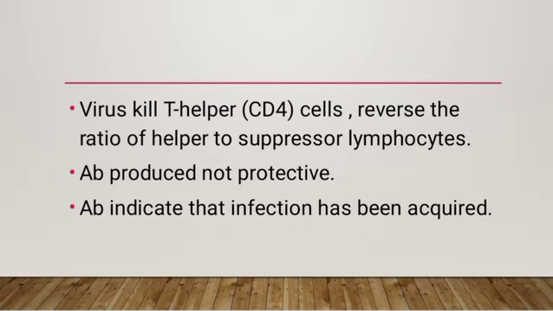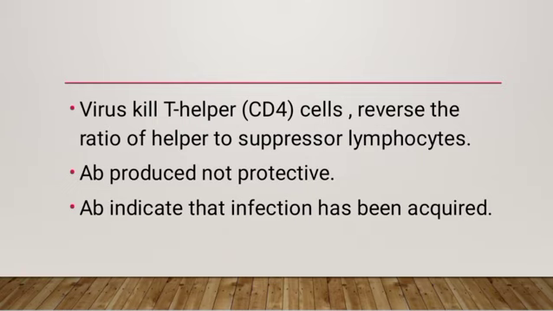They infect the T cells and cause either apoptosis or immune mediated destruction. So basically this happens. Then the ratio is reversed, and the antibodies that are produced are not protective now.